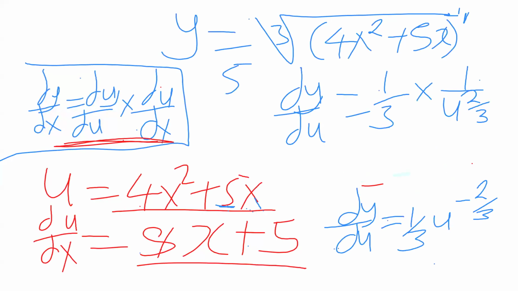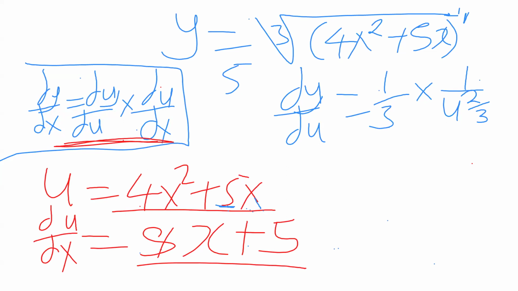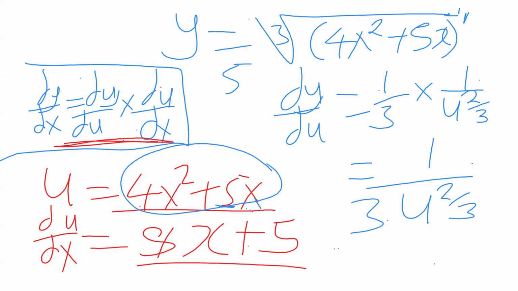So that is to say this whole expression will be written down as 1 over 3, u to the power 2 over 3. Just like that. And you and I know u, right? We have found our u. We said our u is this.